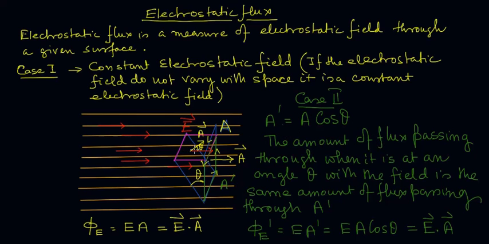Now we can easily say that if theta is equal to 0, the maximum flux goes through this area, and if theta is equal to 90 degrees, when this area is completely, or the area vector is perpendicular to the field, or let me draw this in sky.